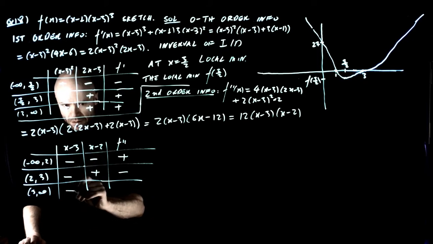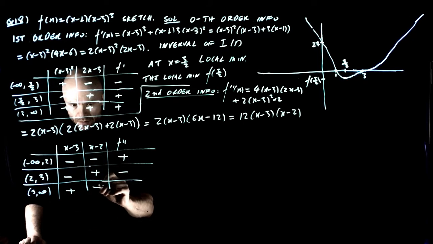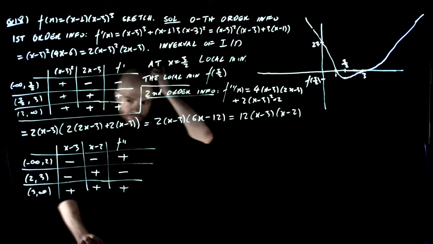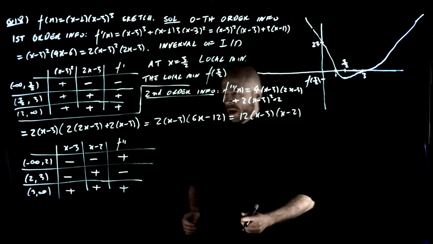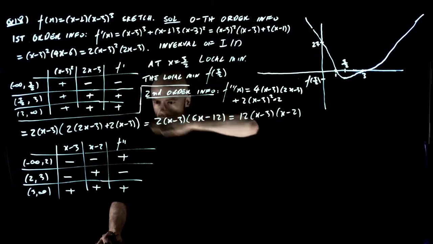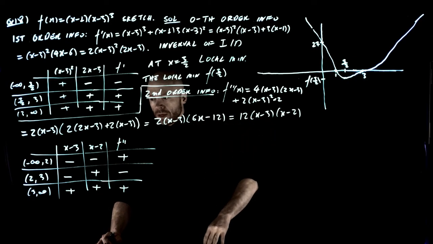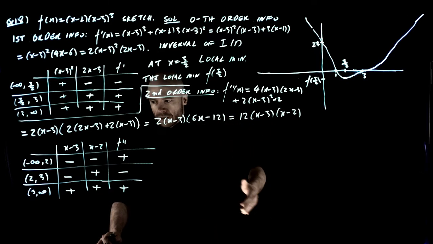This for sure is positive, and again positive, so positive. Okay, so we have that it is concave up all the way to 2, and then from 2 to 3 it's concave down, and then 3 onwards it's concave up.